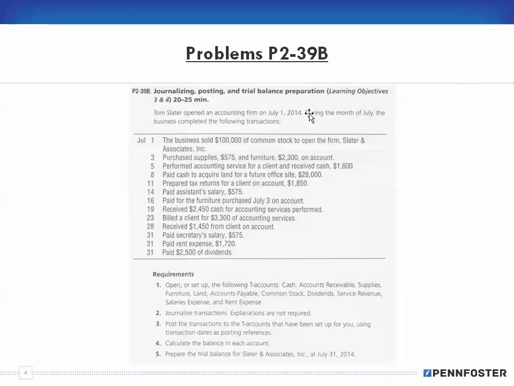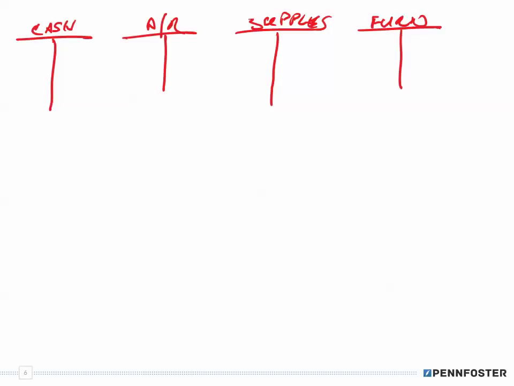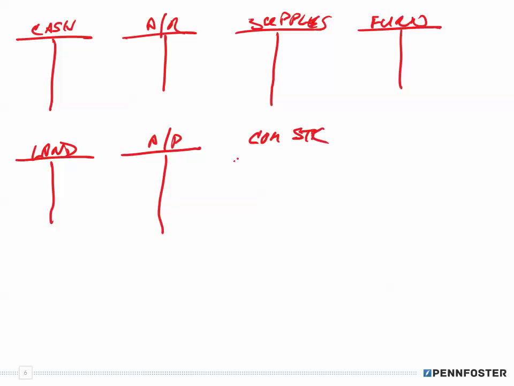Yep, land and accounts payable. Then I know the next one is common stock, and I know dividends.